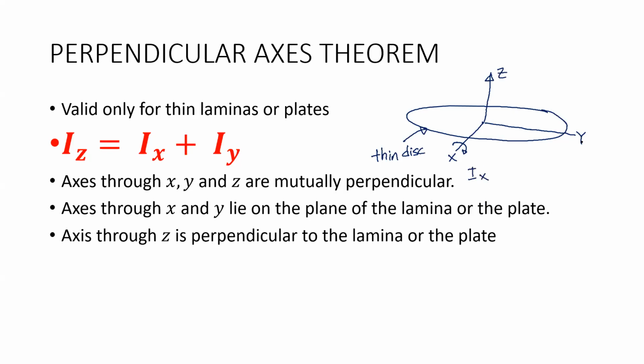If I want to rotate about an axis along the y-axis, I can do that, and in that case I'll get Iy. Or if I want to rotate about this axis, I need to take care of Iz. So these three moments of inertia are related like this. This is also a pretty useful theorem. Let's say I take a uniform square plate, suppose.